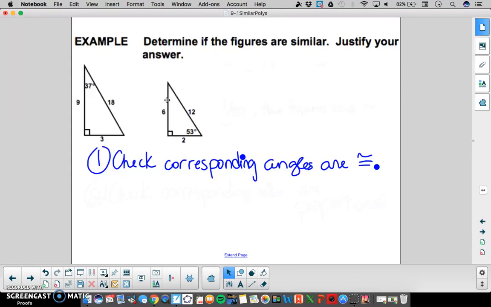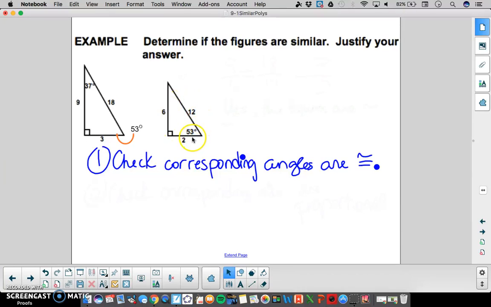Recall from 8th grade or 7th grade geometry that the sum of the angles in a triangle is 180 degrees. So if I add up the ones I have and then subtract that from 180, I could find that missing angle. So 90 plus 37, subtract that from 180, and we get 53 degrees.